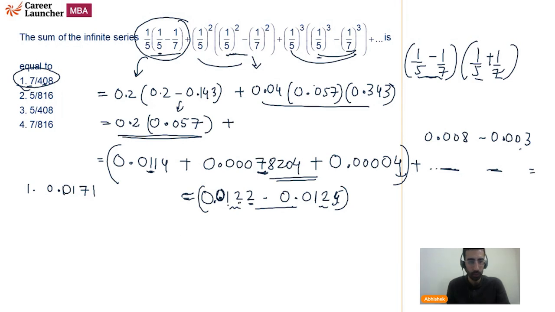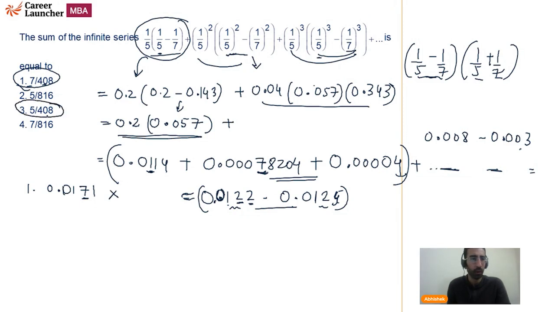Can we go to 7 here? No. Had this been 0.013, I would still have had a doubt, or a 4 even. But 0.0171 is very unlikely. It's not going to happen, right?